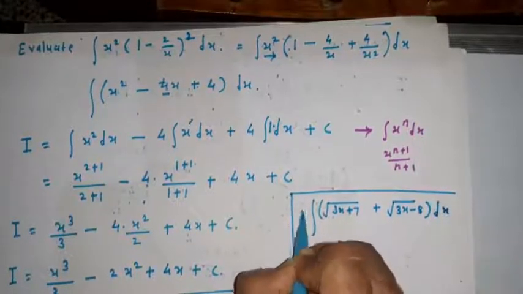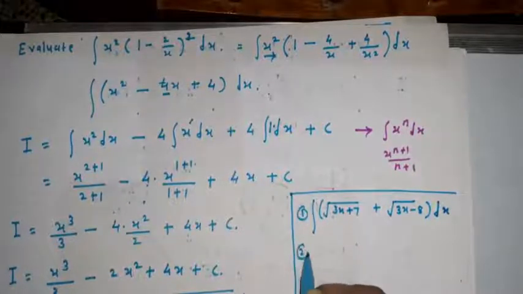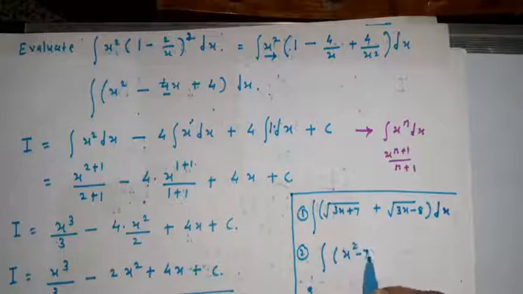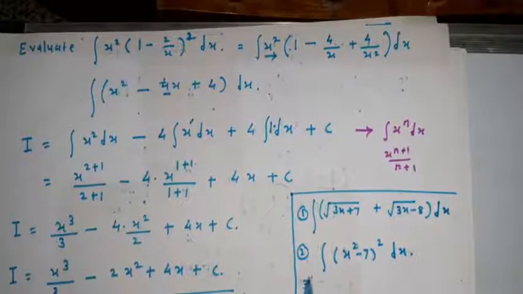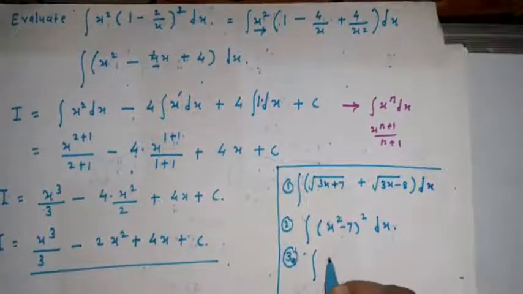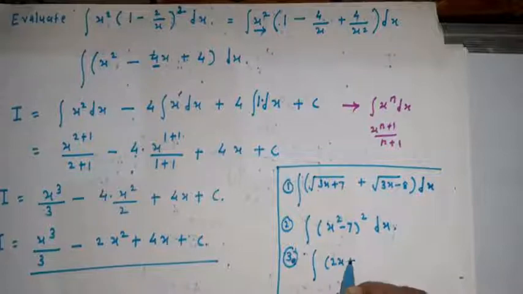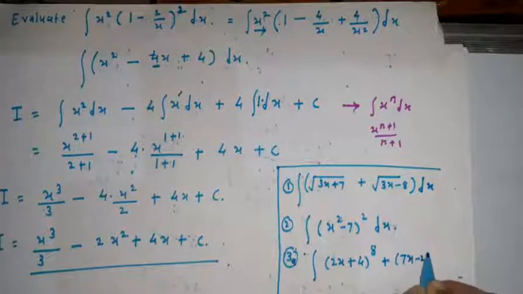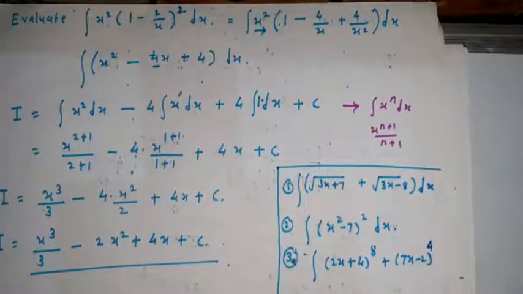Then the second problem is integration of x square minus 7 whole square with respect to x. Then the next problem is integration of 2x plus 4 raised to 8 plus 7x minus 2 raised to 4 with respect to x.